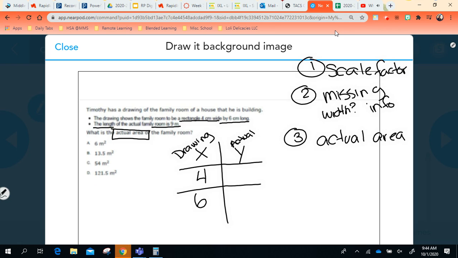Do I know the width of my actual room? No, I don't. Do I know the length? Yes. Okay, so find your scale factor and find your actual length. And stop there because we'll take a look.